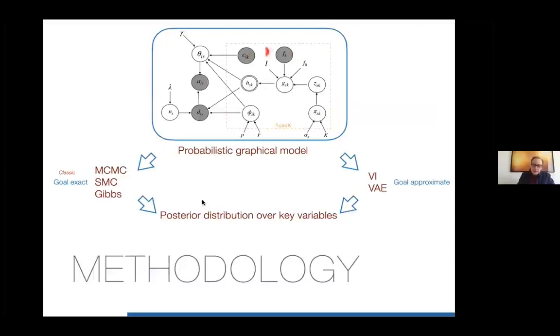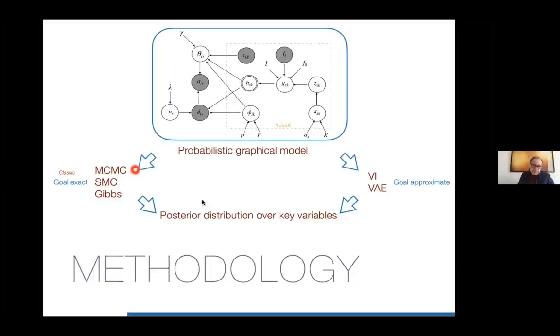There are observable variables, which correspond to things we can see in data, and then a number of latent variables which correspond to what we want to know. And then we typically want to infer a posterior distribution over those latent variables. We may sometimes work with a maximum likelihood approach also, but typically we do it in a Bayesian way. So we're after the posterior.